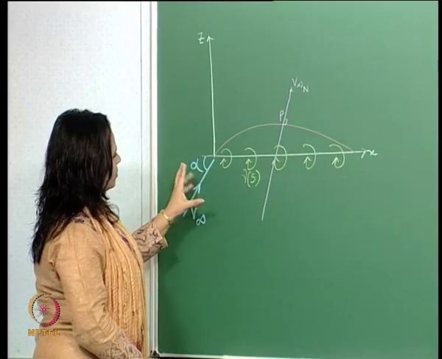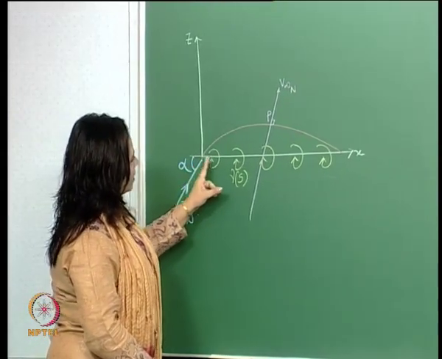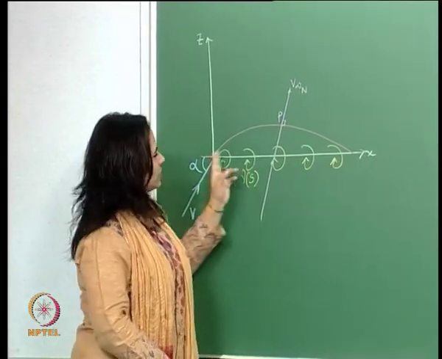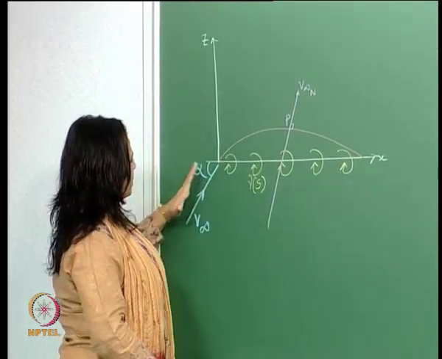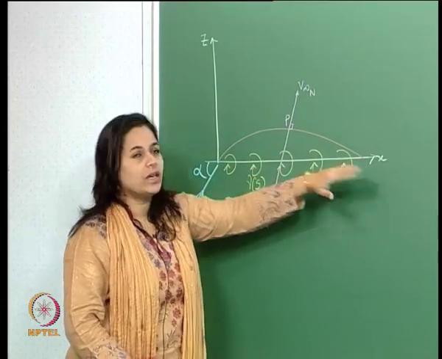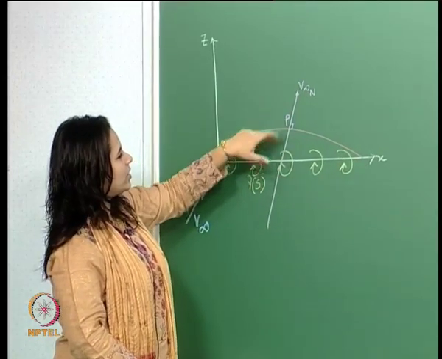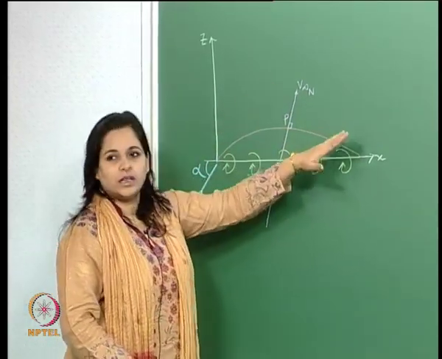The chord line is not the streamline, the streamline is still the camber line, which means I still have a flow which goes that way. Therefore, I need to calculate the zero normal boundary condition on the streamline.